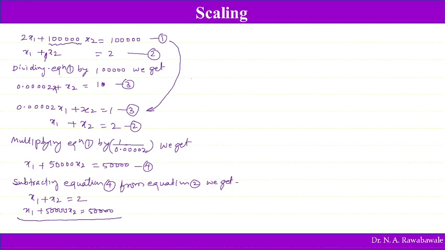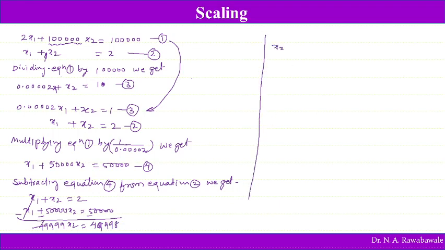So subtracting, this is minus, this is minus, this is minus, so minus minus gets cancelled. 50,000 minus 1 means 49,999 x2, this is minus, and which is equal to 49,998. So this is going to be similar to the previous case again.